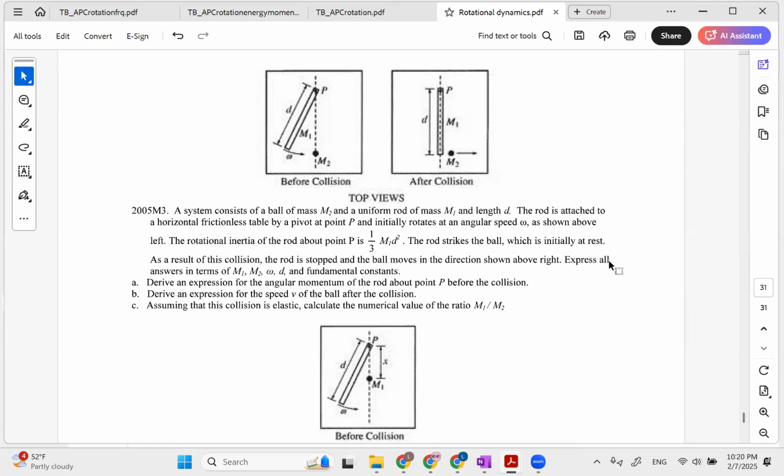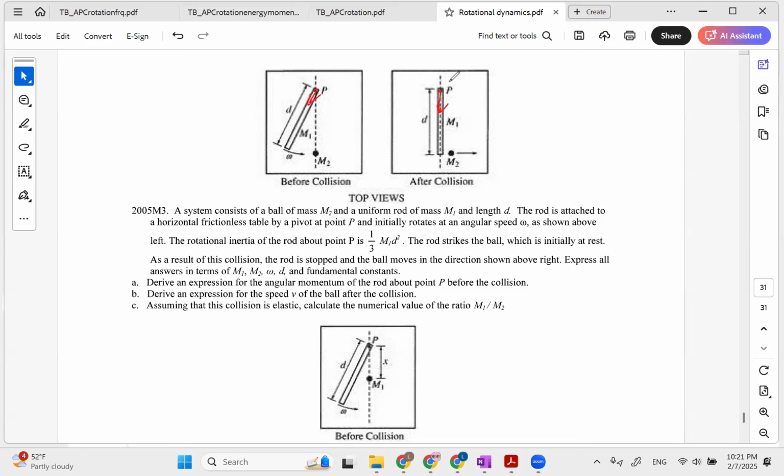So in this case, is linear momentum conserved? This is fixed at this point, right? So linear momentum is not conserved because there's an external force, as long as this rod is fixed at one point.